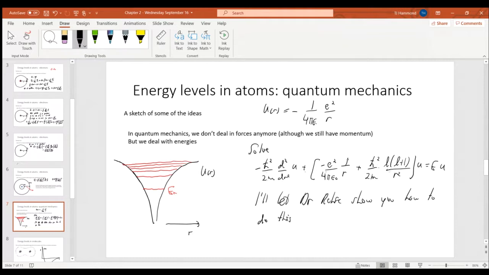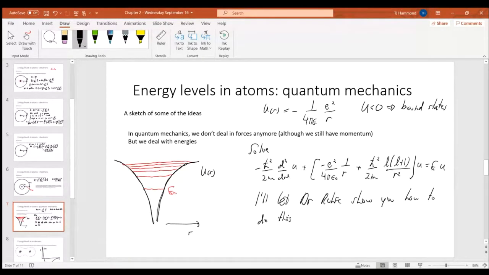This potential, I've taken a cross section of this potential that goes as 1 over r, right? And it's negative, okay? So a potential that is less than 0 tells you that you have bound states. That's the convention, okay?